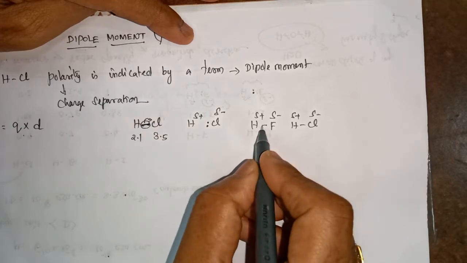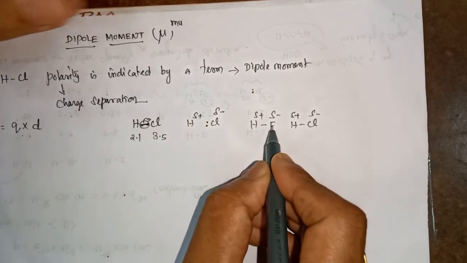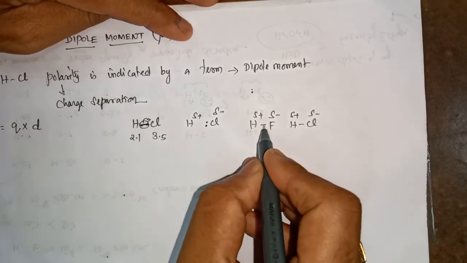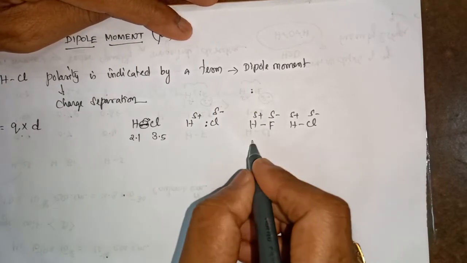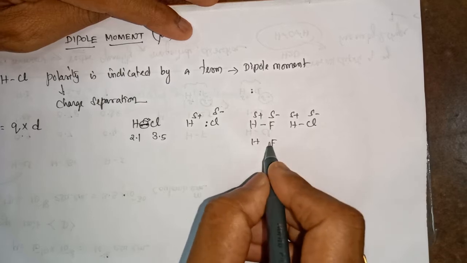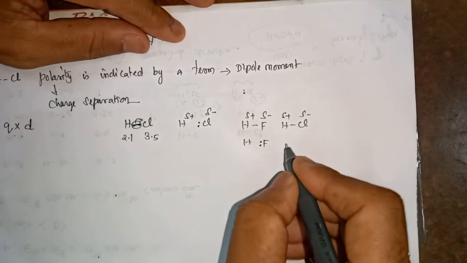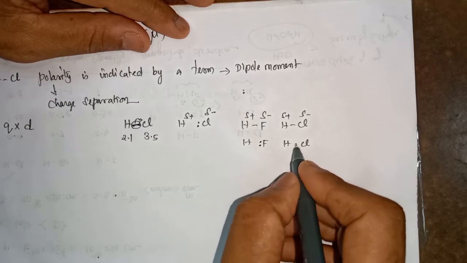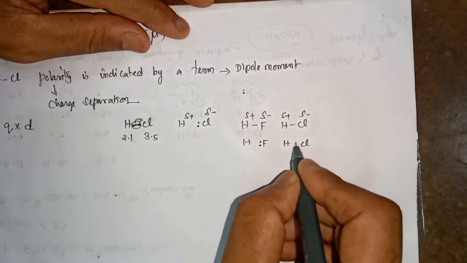Fluorine has a higher electronegativity value than chlorine, so it pulls the electrons. Chlorine is also pulling the electrons. But in HF, these two electrons are very close to fluorine, while in HCl the two electrons are pulled but not that close, a little away.